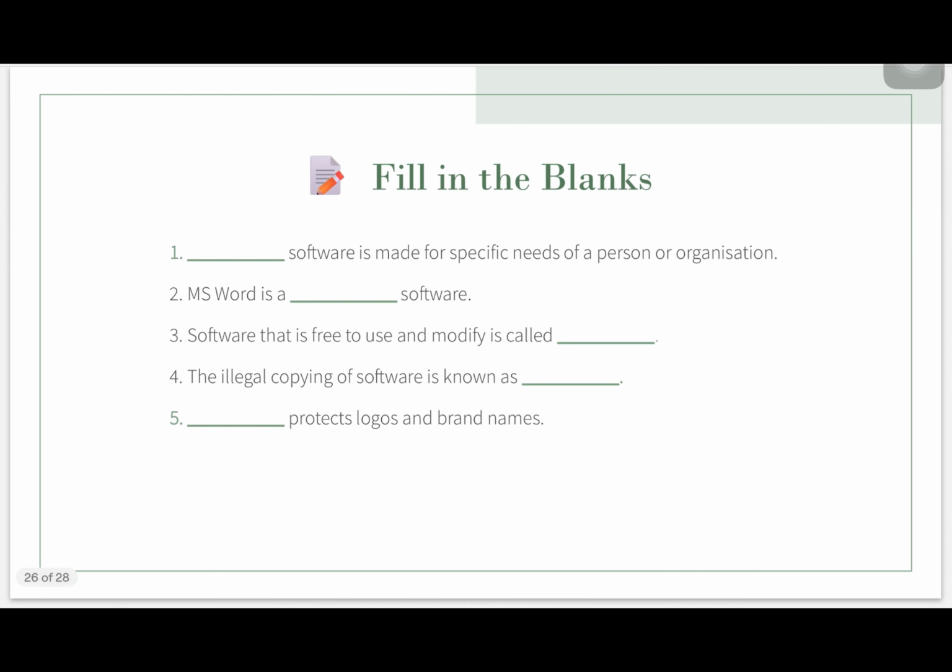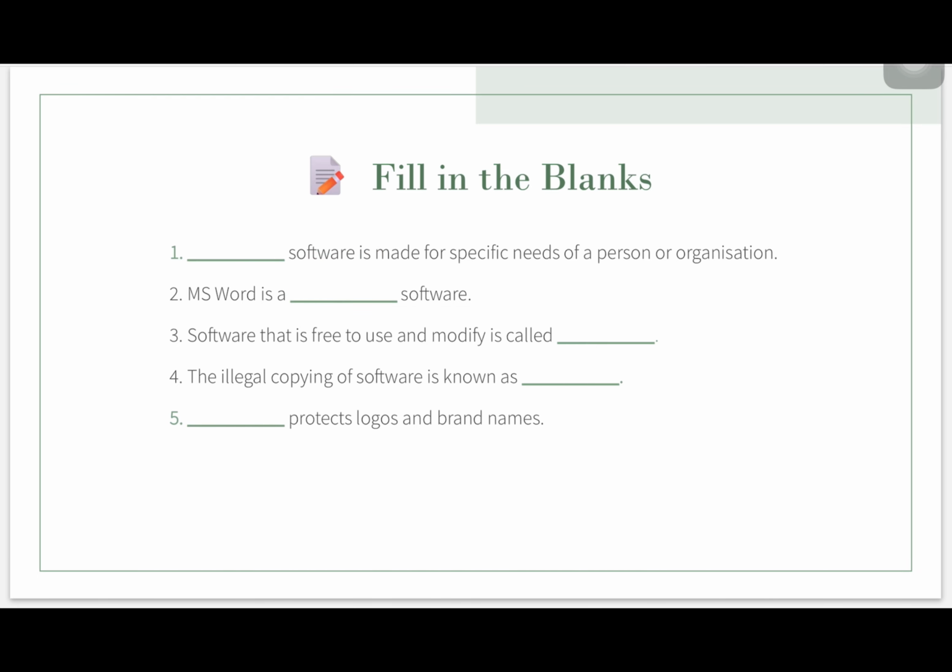Right? Now fill in the blanks. That software is used for the specific need of a person or program. Specific need means what? Customized software. Correct? These are customized software. MS Word is a general purpose software. Correct?